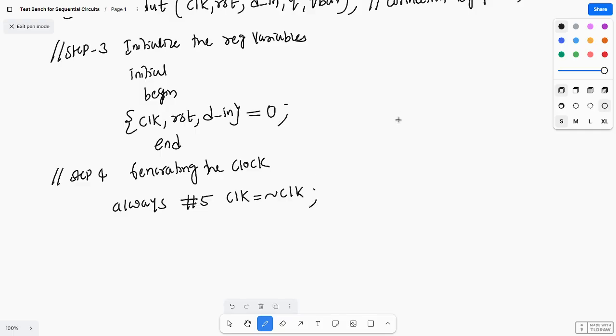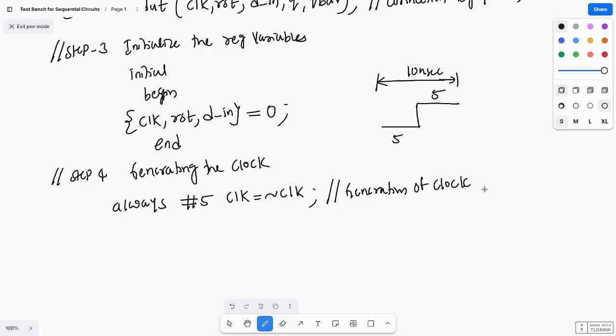That means your clock is off for 5 nanoseconds and on for 5 nanoseconds. What is the time period for the clock? 10 nanoseconds. You are generating the clock with 10 nanoseconds.